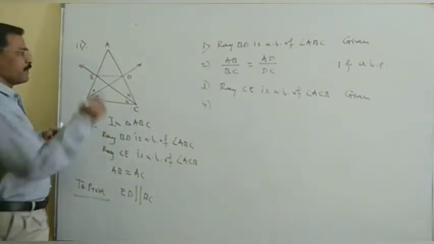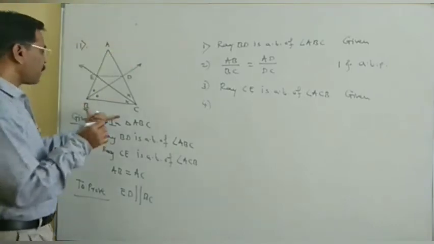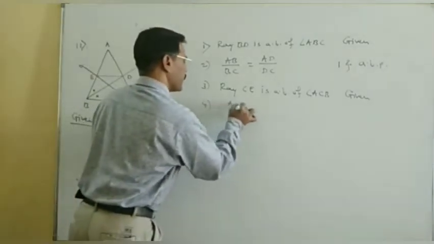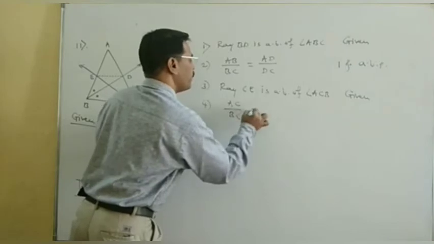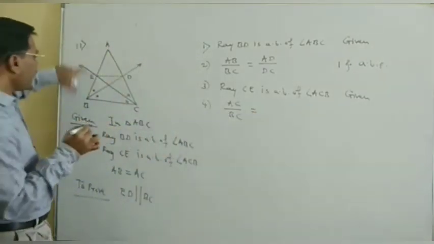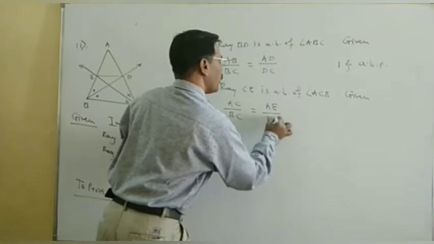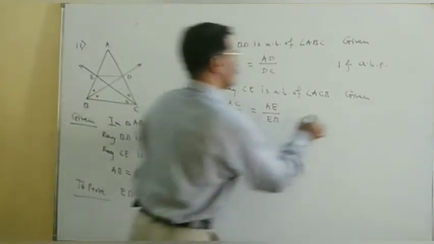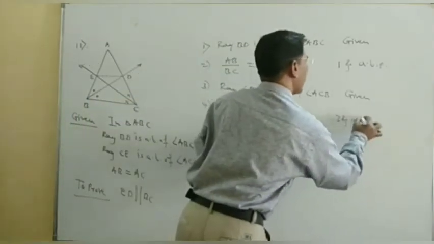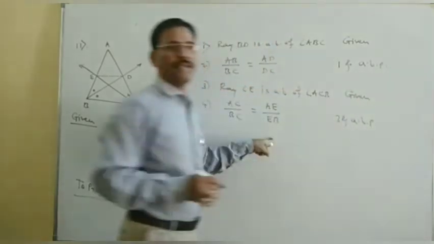Angle bisector property. What can we write now? AC upon BC is equal to AE upon EB. This is again from 3 and angle bisector property.